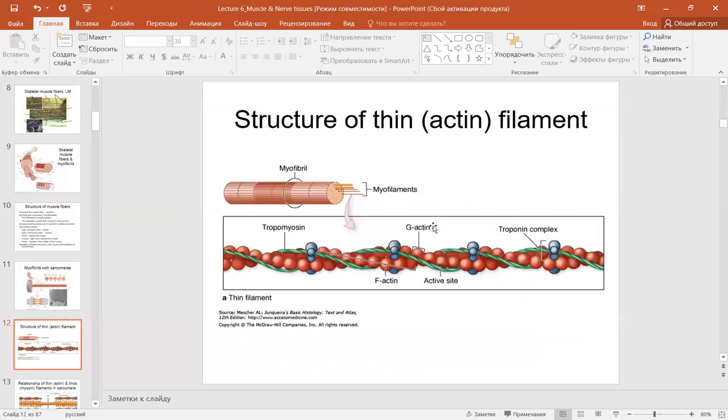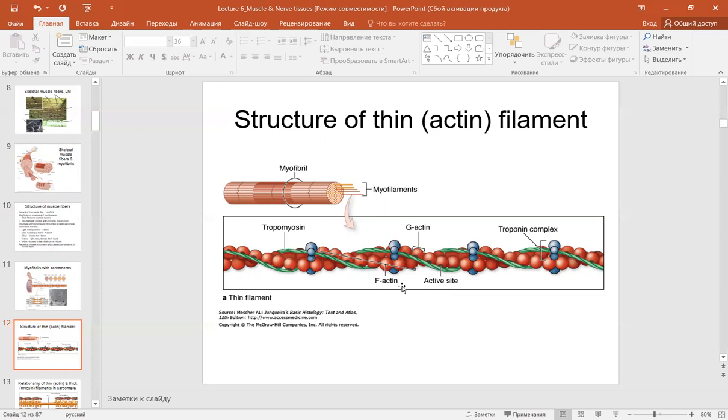The structure of the thin actin filament is represented in this cartoon. Fibrillar actin, consisting of globular actin. G-actin polymerizes to form the fibrillar actin, F-actin. The active site of the G-actin globule is covered in the inactive state with the tropomyosin and troponin complexes.